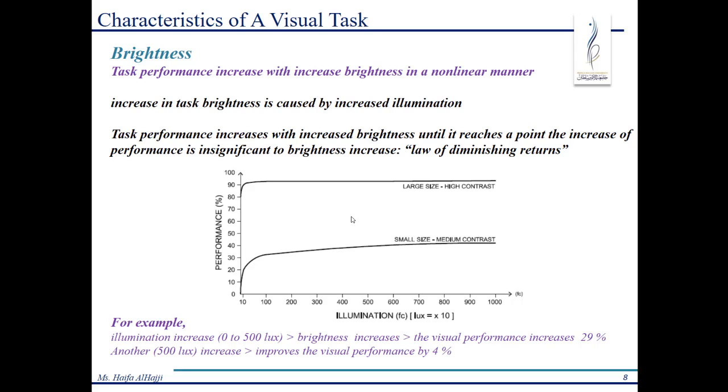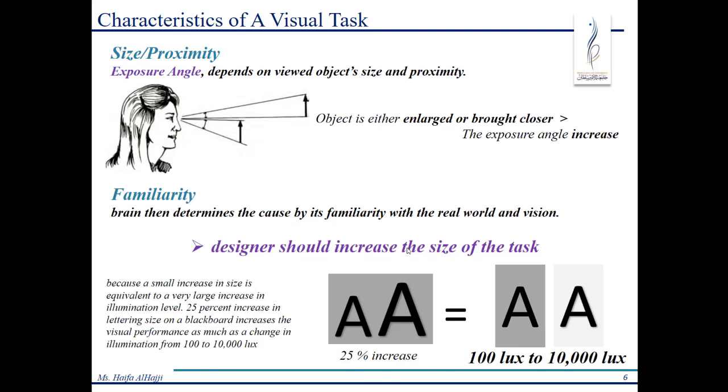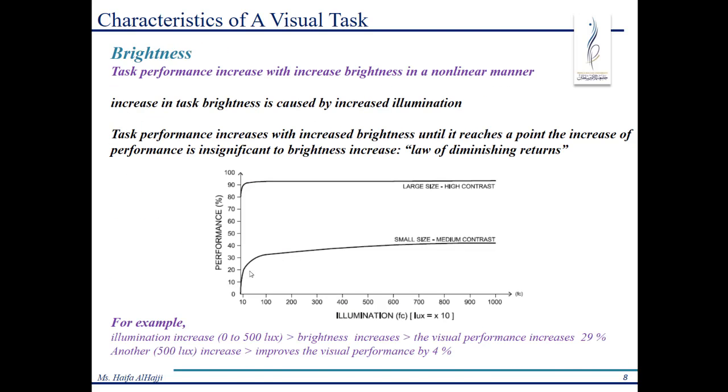Now in here, as we can see, if the letter size, this was, let's say, a small one. If I increase the letter size to a larger one, see how the performance in general increased almost like 60%. So as we can see, the illumination increase sometimes is not that effective or significant on seeing the task as much as increasing the task size, for example, or task, sorry, not brightness, task contrast, okay?